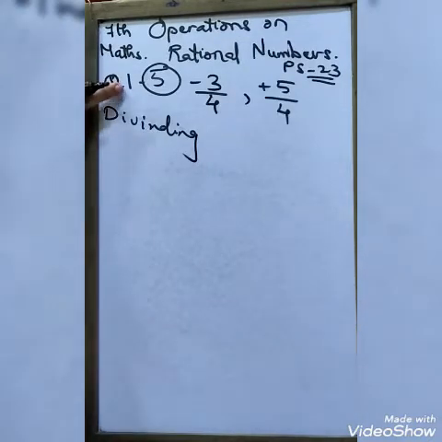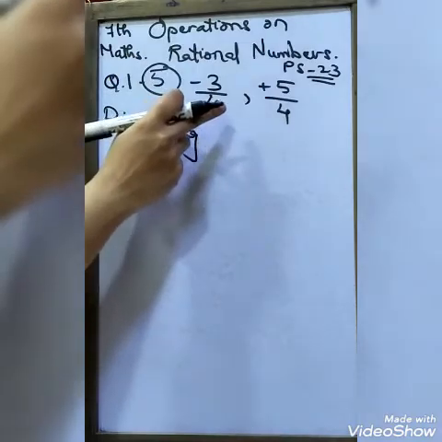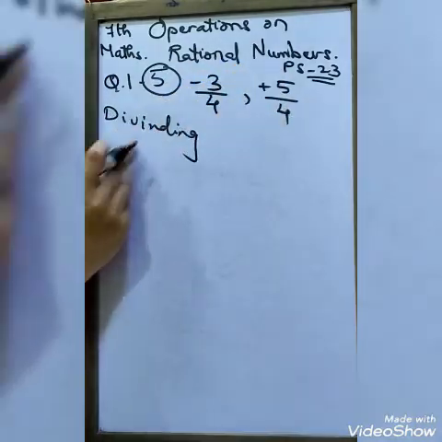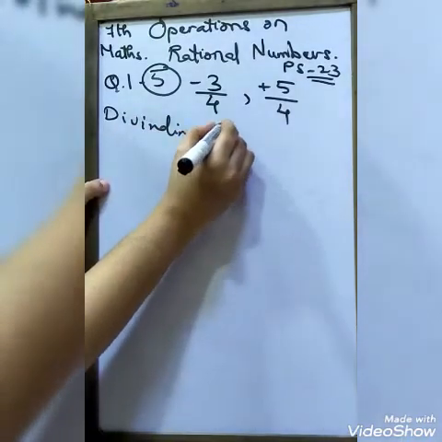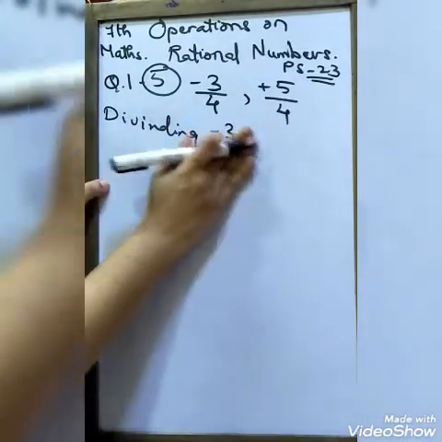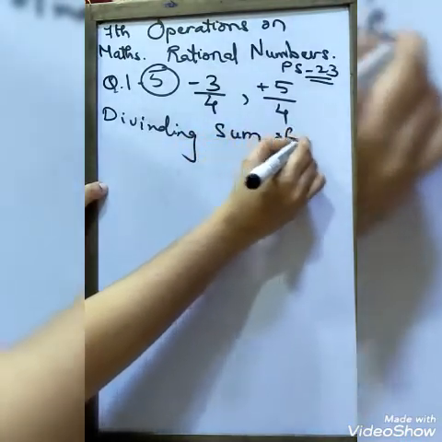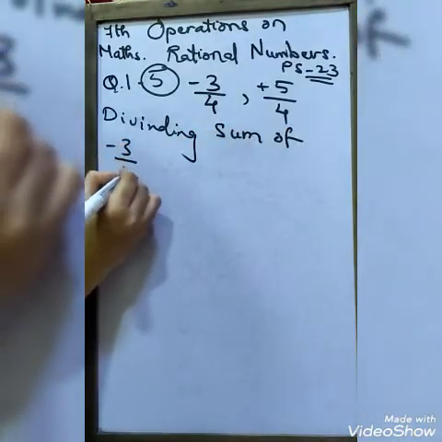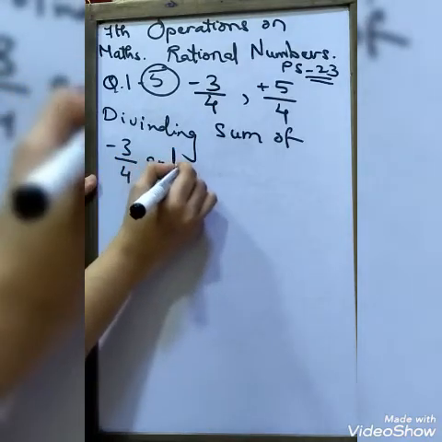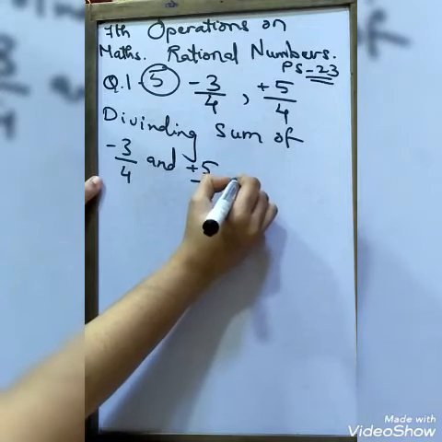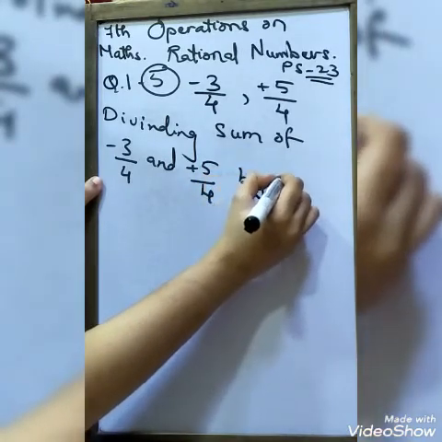Now the fifth question we are solving: minus 3 by 4, comma, plus 5 by 4. Now what we are doing, again we are dividing the sum of minus 3 by 4 and plus 5 by 4 by 2.